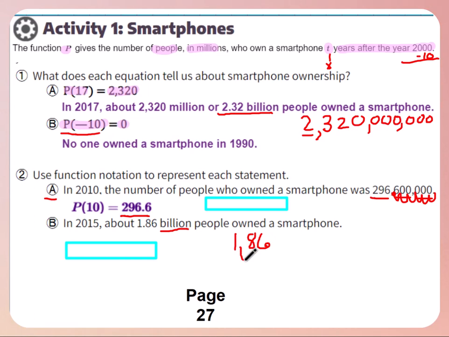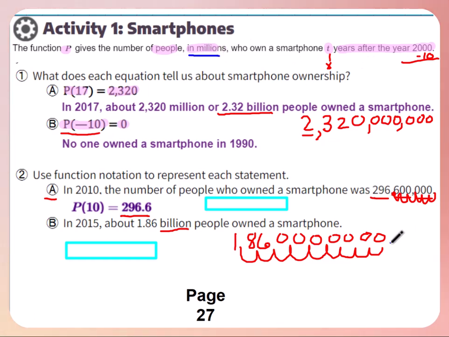We've got to move it 9 places: 1, 2, 3, 4, 5, 6, 7, 8, 9, and fill in with zeros. Now let's convert that back to millions, because we've got to go by what the words tell us, and we've got to represent people in millions.